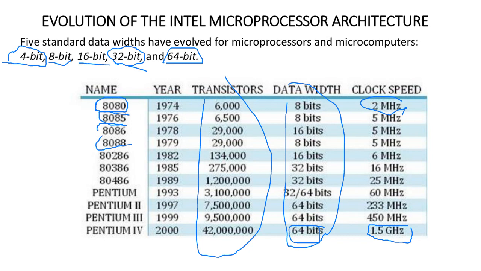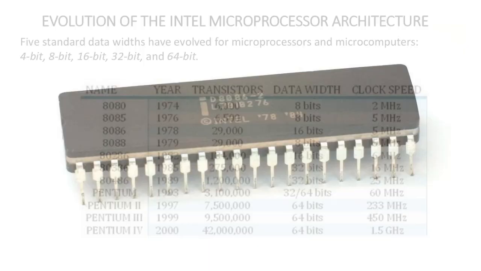Definitely it's in gigahertz, and it's very high, not 1.5. Anyway, this is just for information on how the clock speed shows. Definitely, if the clock speed is faster, that means the processor is able to work faster.